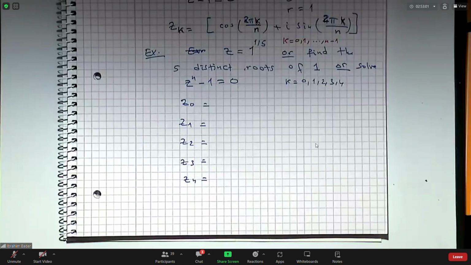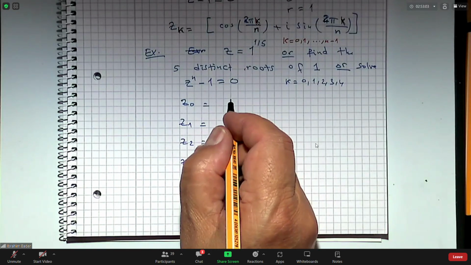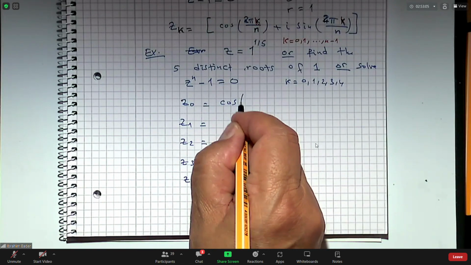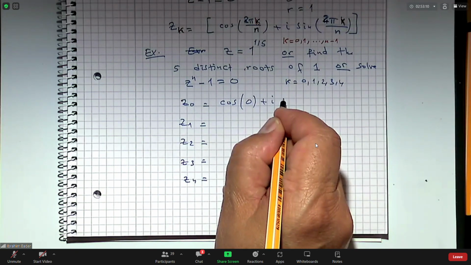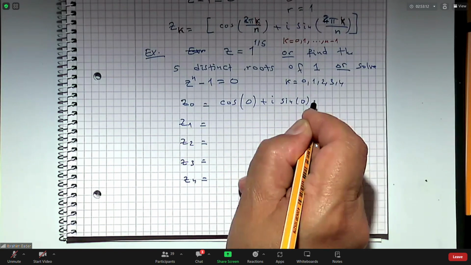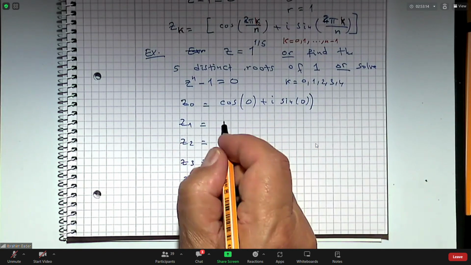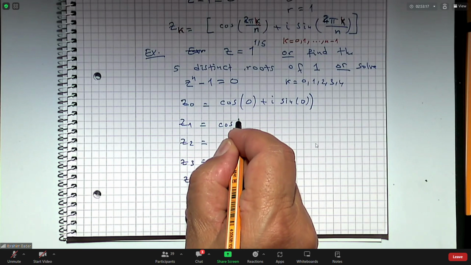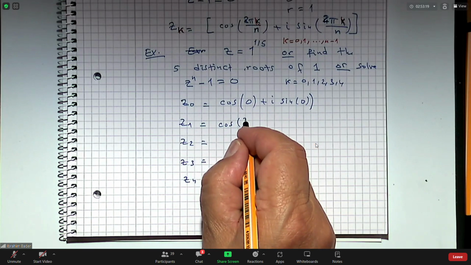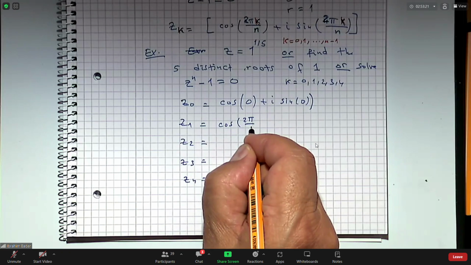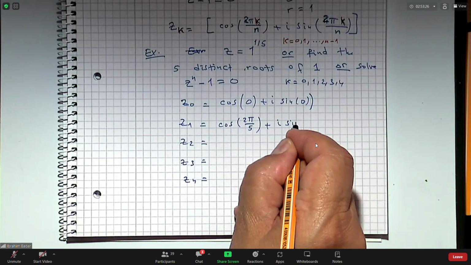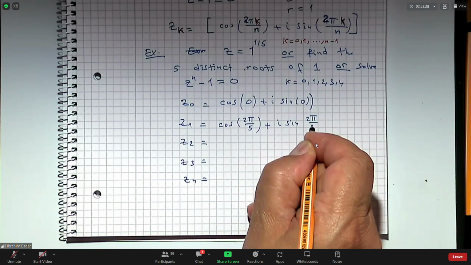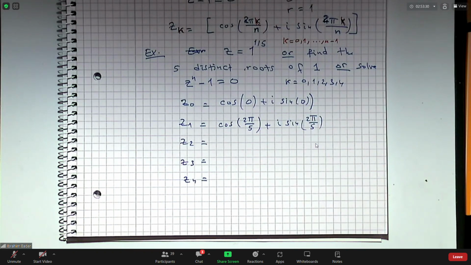Okay, now here in the first formula, if I plug in cosine 0 over n, so 0 plus i sine 0. Okay, the second one, cosine of 2 pi over 5 plus i sine 2 pi over 5, which is, as I told you, the angle 72.